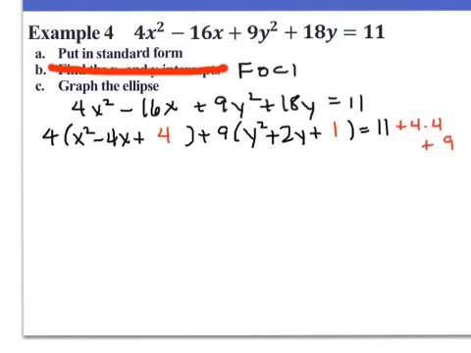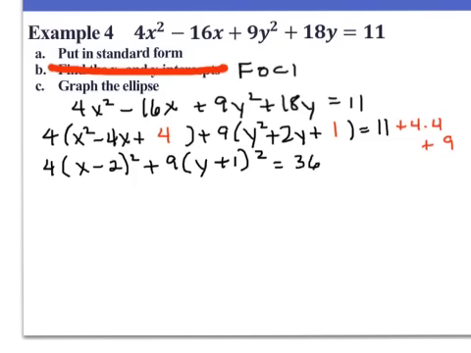So let's write all of this factored. And we're going to keep those 4 and that 9. So we have x minus 2 squared. And then plus 9 times y plus 1, that's also squared. And add everything up together on the right side, and you get 36.